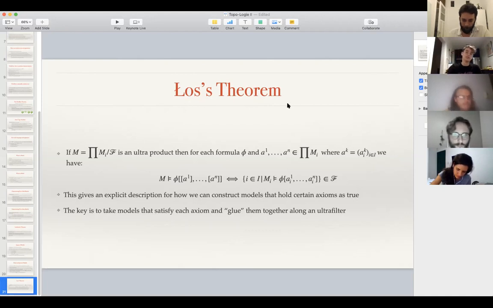So Łoś's theorem is kind of the central theorem of model theoretic forcing. It's what gives you the necessary and sufficient conditions. Yeah, and that's the last slide I have.